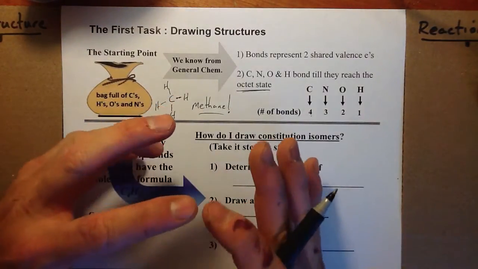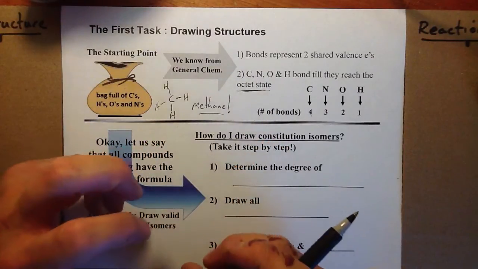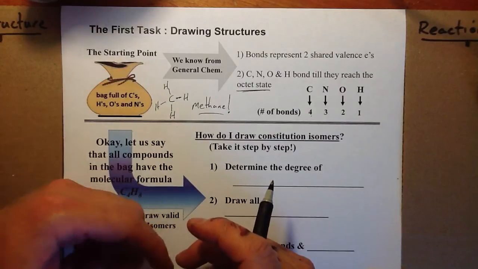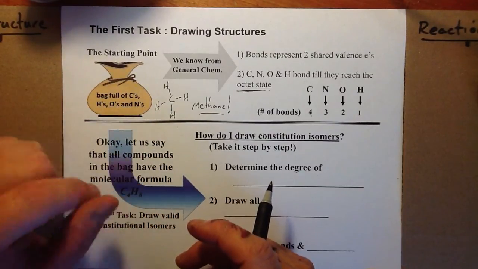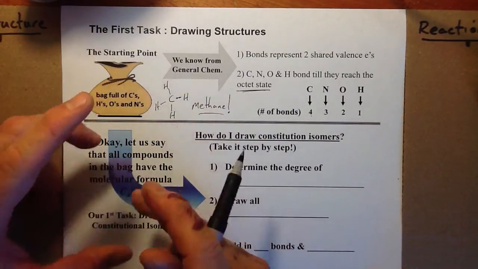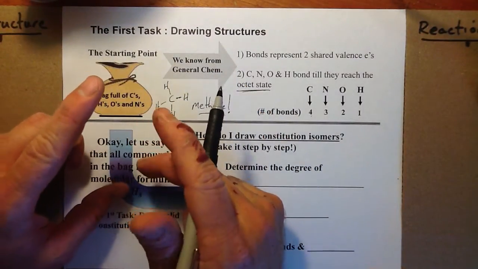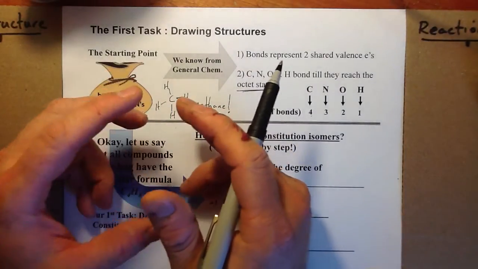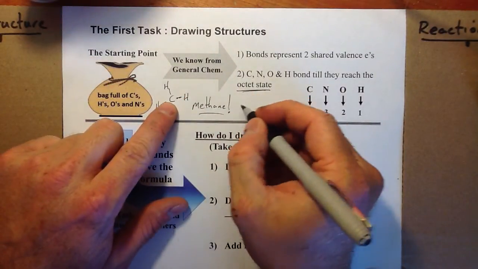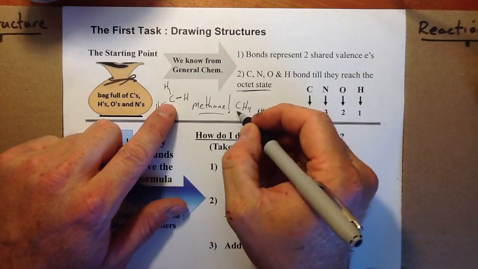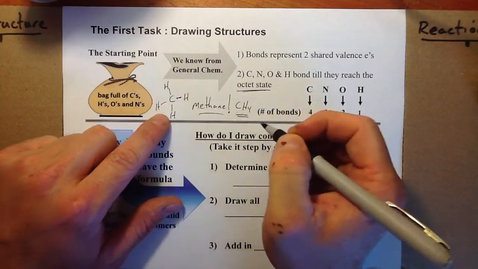So that's the skill we want to have: to see what structures I could draw if I had so many carbons, so many hydrogens or oxygens or nitrogens in the bag. So let's propose that we don't count the number of atoms in the bag, but we determine the number of atoms within each molecule. So for this one, for example, we would say CH4. We have 1 carbon and 4 hydrogens.